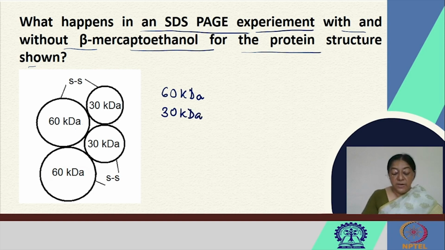The experiment to be conducted is a gel electrophoresis run with and without beta-mercaptoethanol. Now, what we have here is a specific idea based on how to do the experiment.